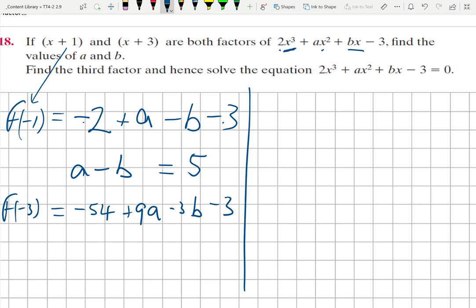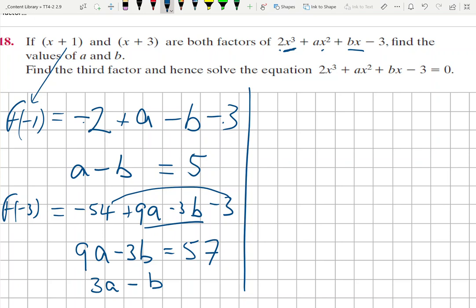Now it's equal to 0, so we can take the variable terms on the one side and constant terms on the other side. Minus 57 goes across to become 57. 3 goes into all of them, so I'll just tidy that up before we start to eliminate between the two equations. 3a minus b is 19.